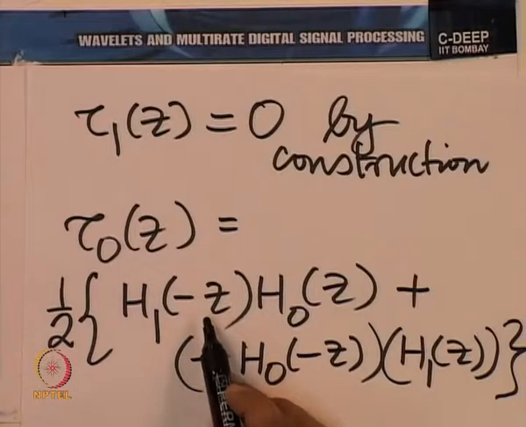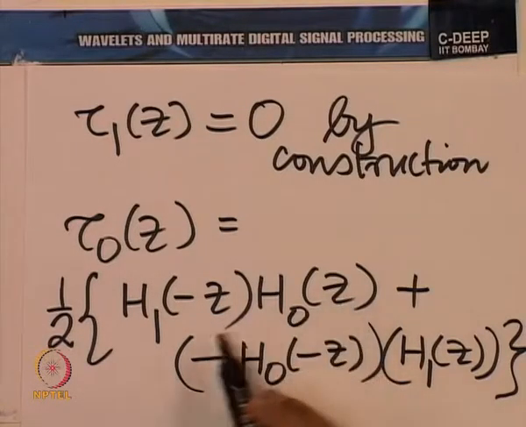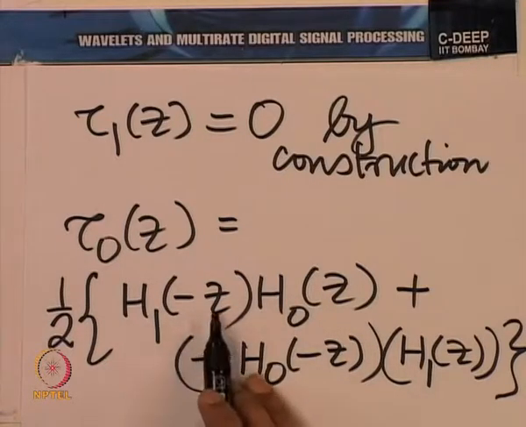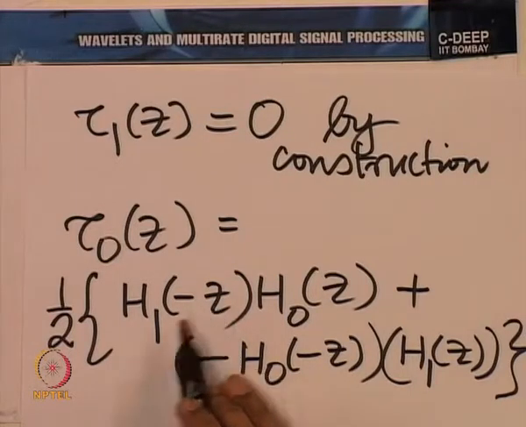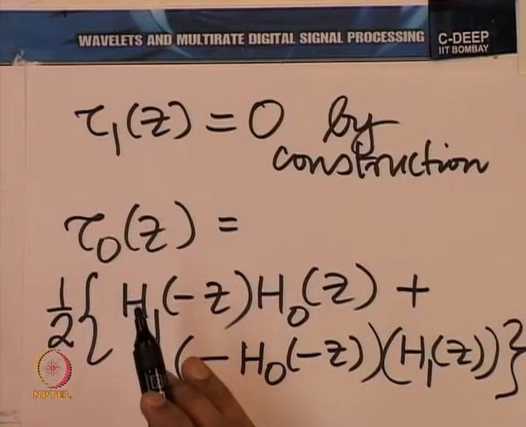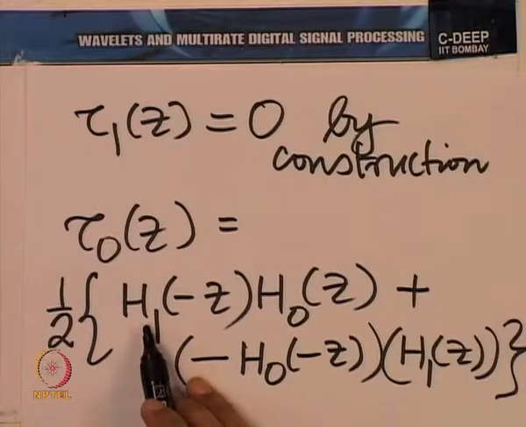So, we have an interesting situation here. We have this H0(z) H1(-z) product. H1(z) is essentially a high pass filter. H1(-z) therefore, essentially becomes or aspires to become a low pass filter with a cutoff of pi by 2.